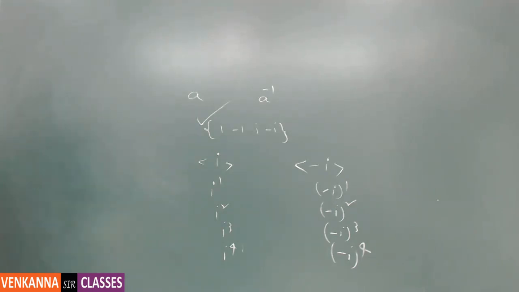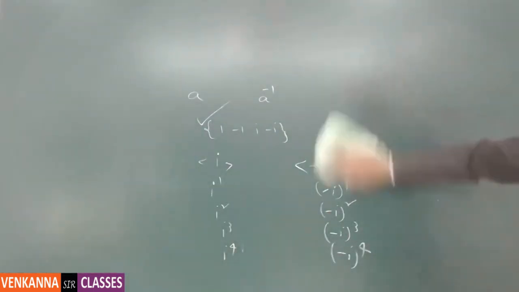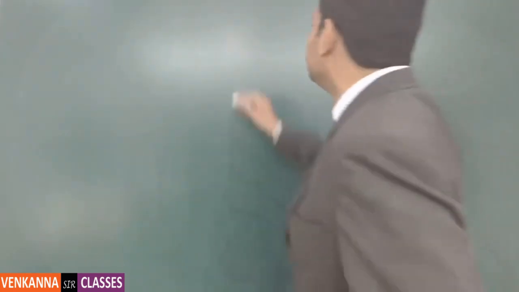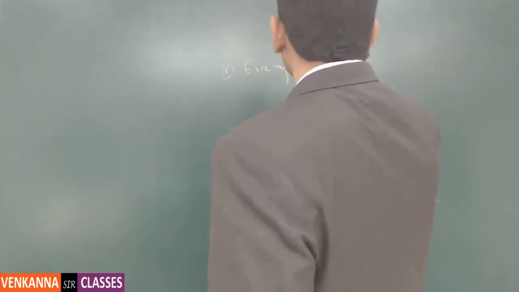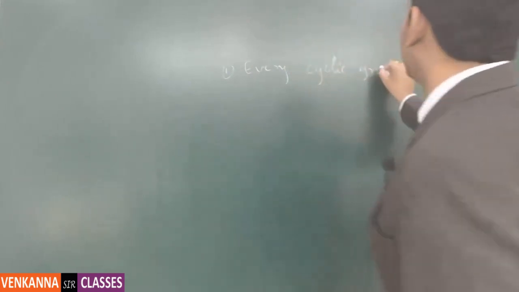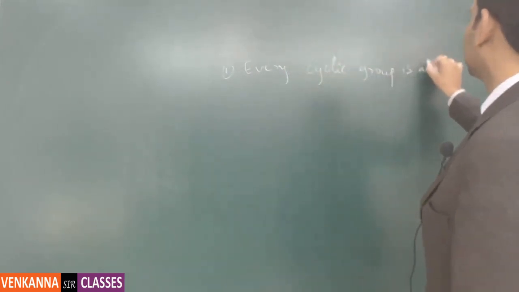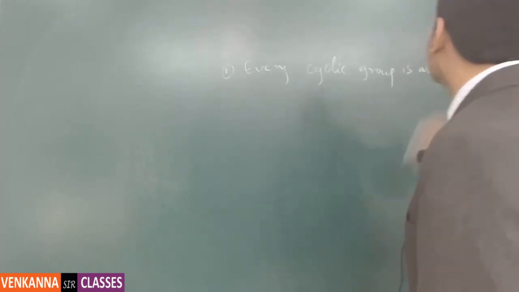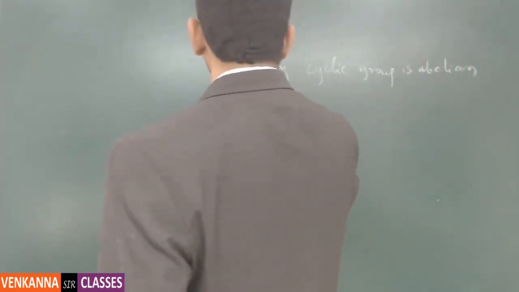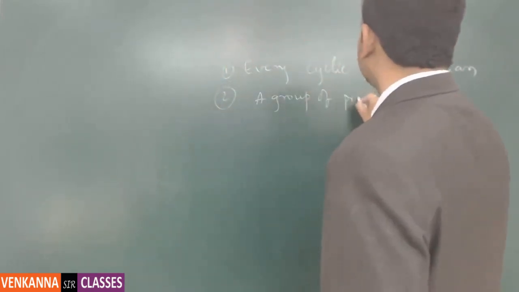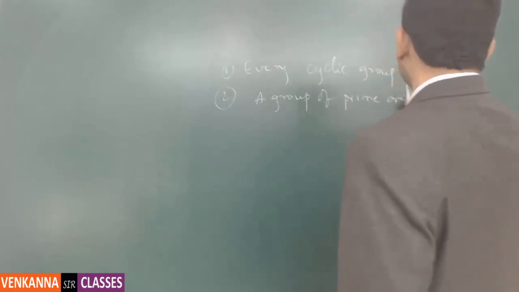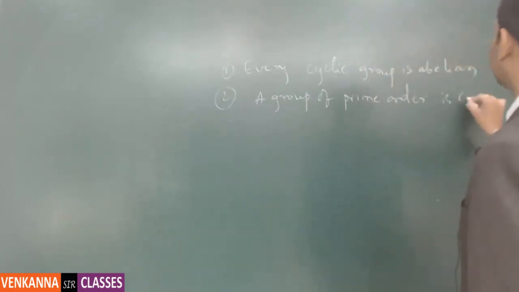Fine. Now there are some small results based on these cyclic group concepts. One thing is, every cyclic group is abelian. Second, a group of prime order is cyclic.